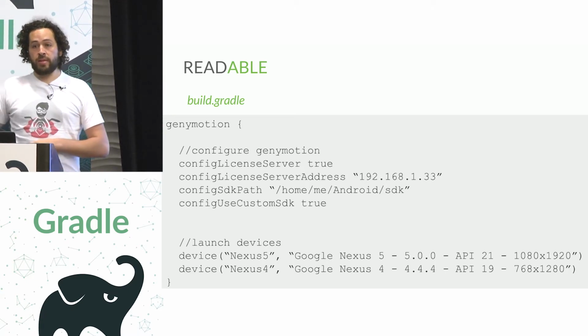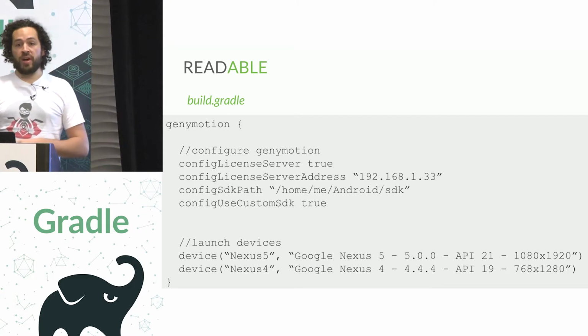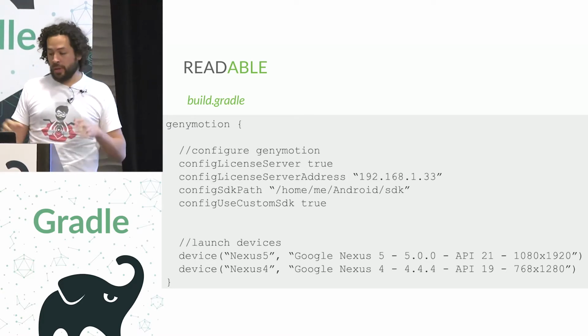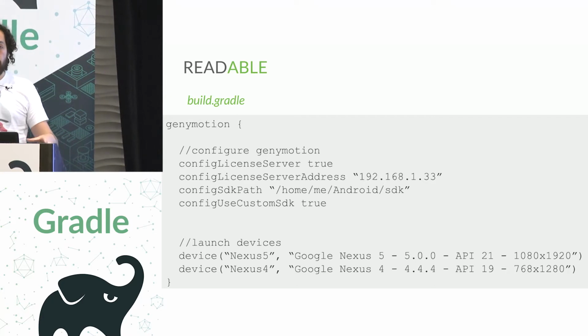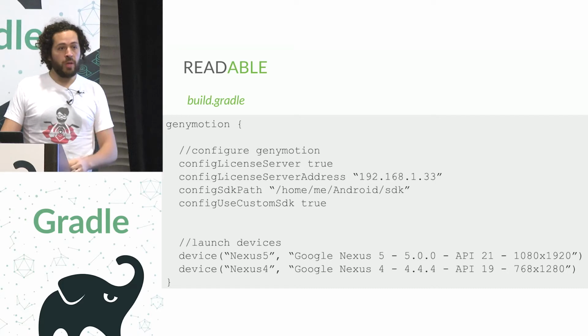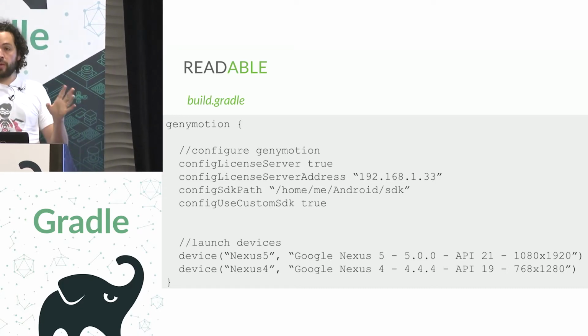And at the end of the test, we will close these devices and destroy them if they want. So with just a few lines of declaration, they will be able to do that and run it on any developer computer or on the CI, the continuous integration server, like they want. This was the main purpose.